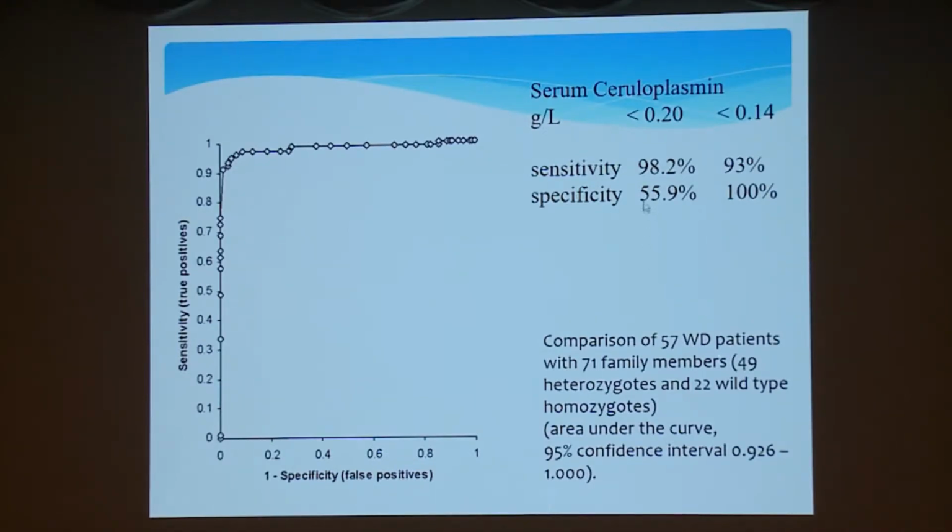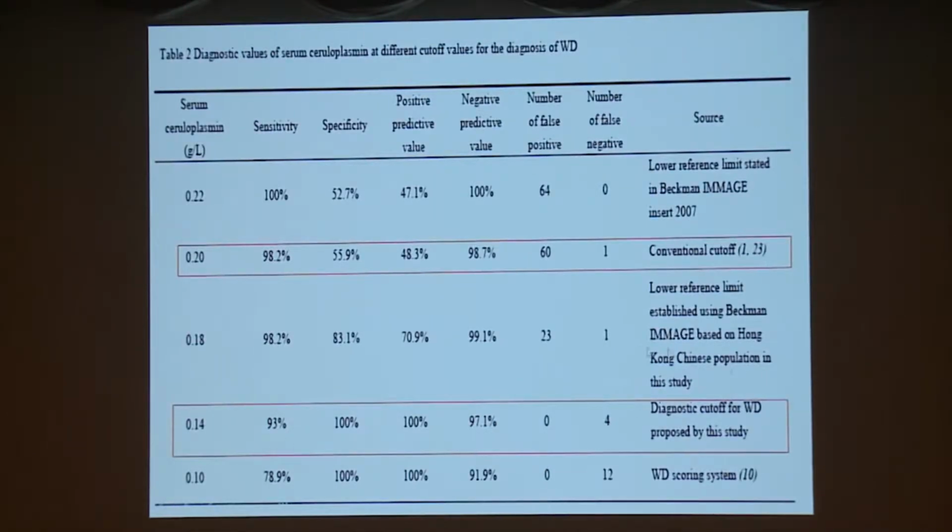So the sensitivity can go up to 93%, and specificity is 100% compared to the conventional one. In breaking down the data, as you can see, if we are using 0.20, we will have 60 false positive cases, that is, saying that it's low ceruloplasmin and you need unnecessary investigations.